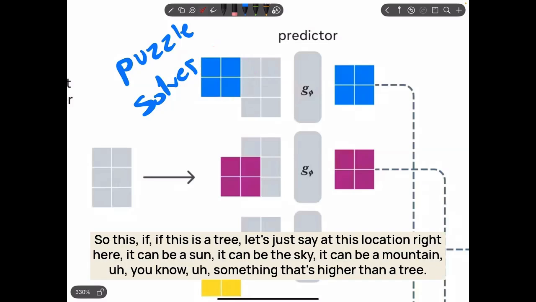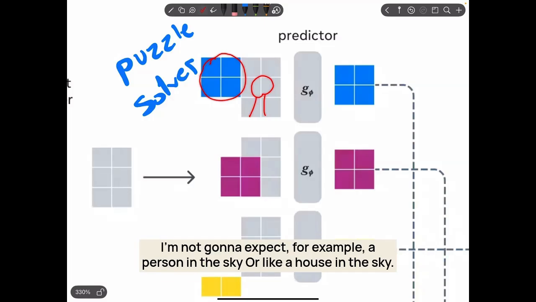So if this is a tree, let's just say, at this location right here, it can be a sun, it can be the sky, it can be a mountain, something that's higher than a tree. I'm not going to expect, for example, a person in the sky or a house in the sky.